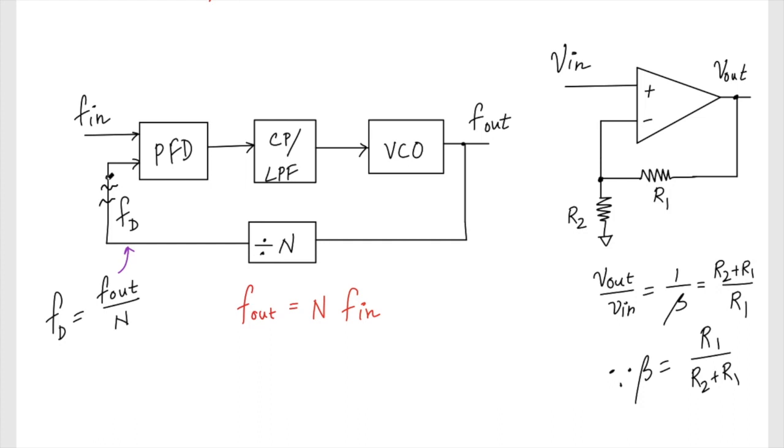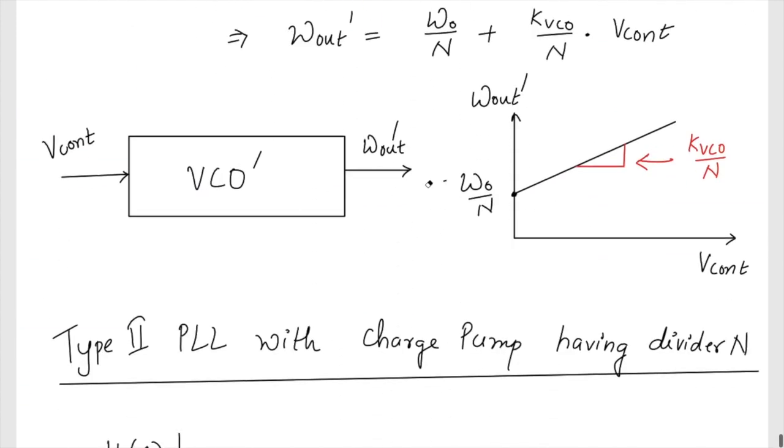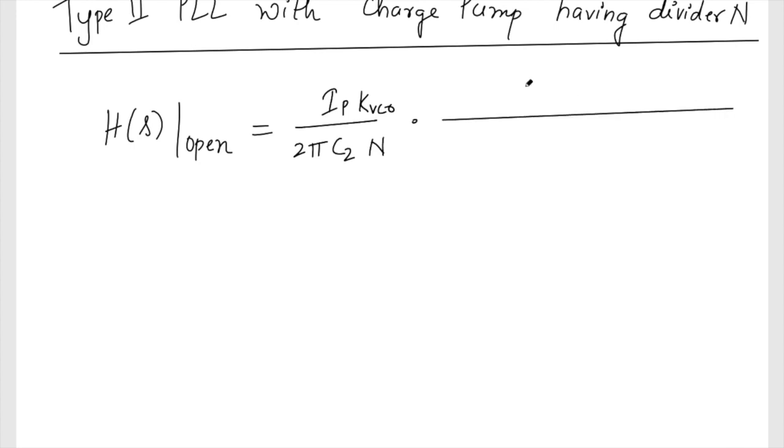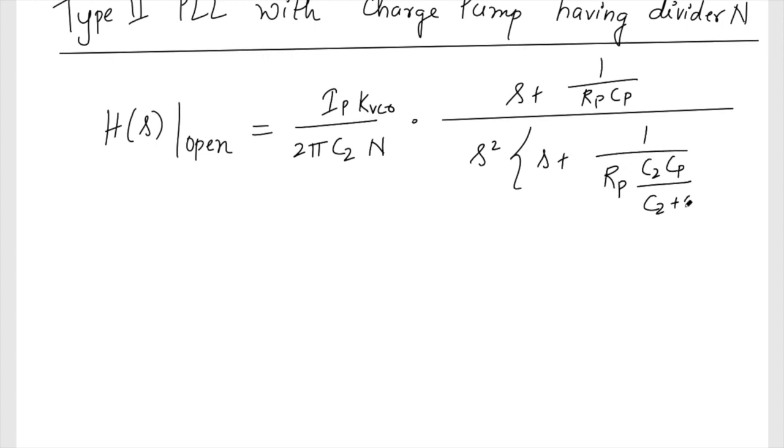If I provide a signal here and measure here, starting from here to here, because the divider is now in the path, the KVCO will be divided by N. So now my transfer function will be 2 pi C2 KVCO by N, all the things remaining the same, times S plus 1 by RP CP over S squared times S plus 1 by RP into C2 CP by C2 plus CP.